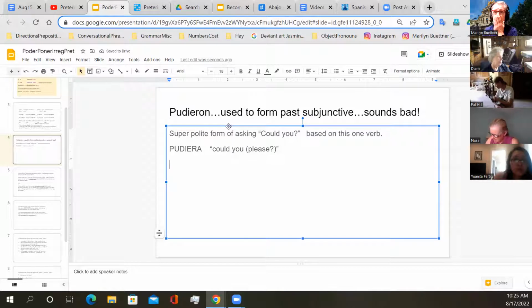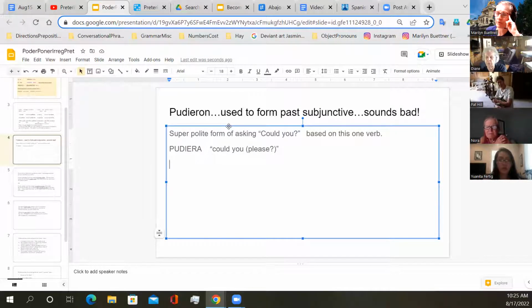So, okay, let's put it in context. Let's say you're in a store and you love these shoes, they're expensive shoes, but they don't fit. And the person waiting on you is super busy and kind of frazzled, and you want to be really polite because you want the attention with all those other people vying for that salesperson's attention.